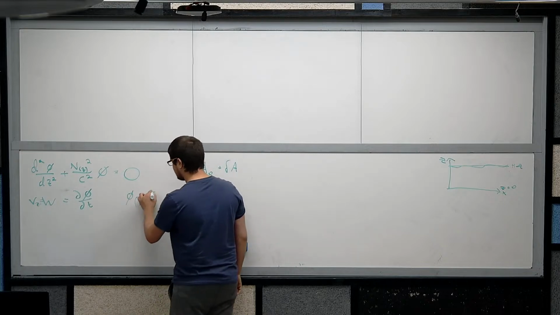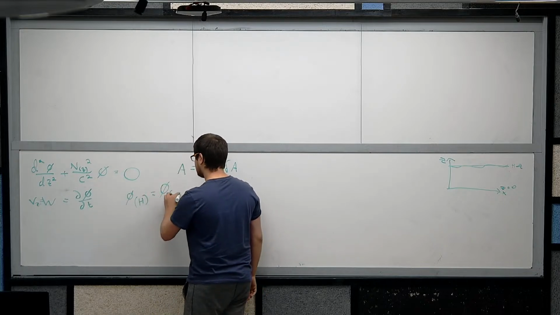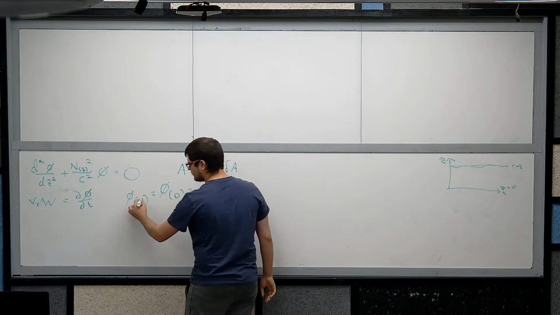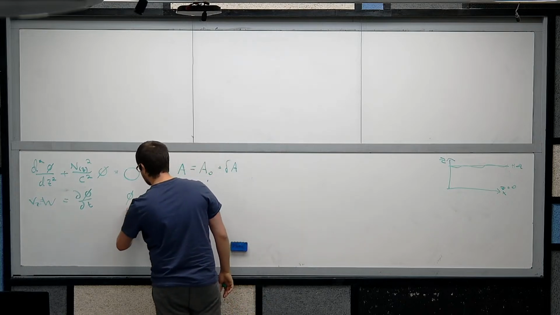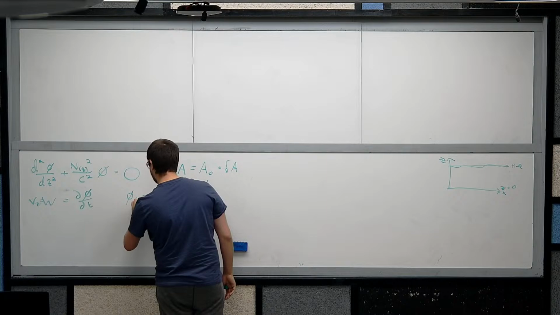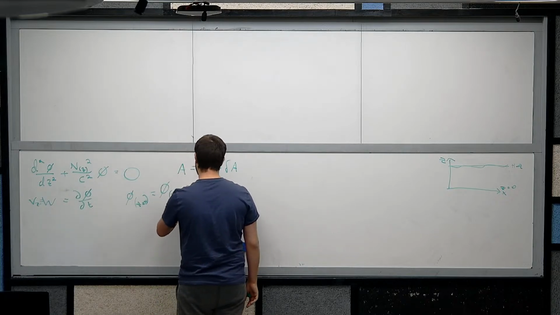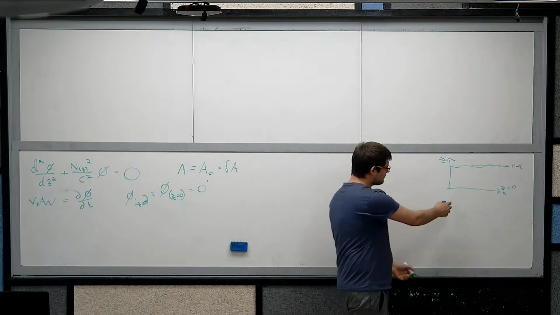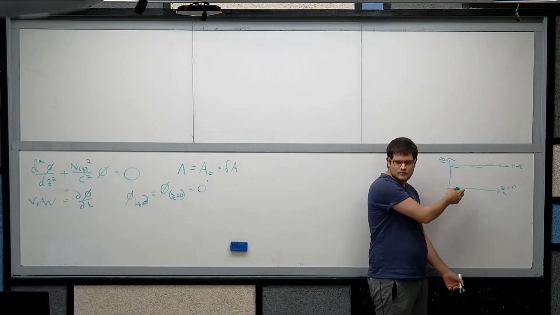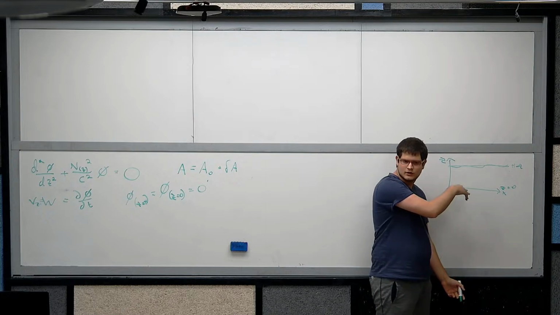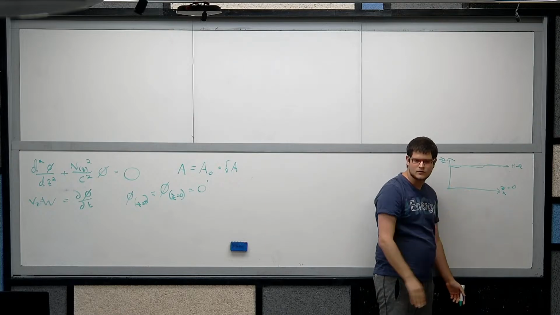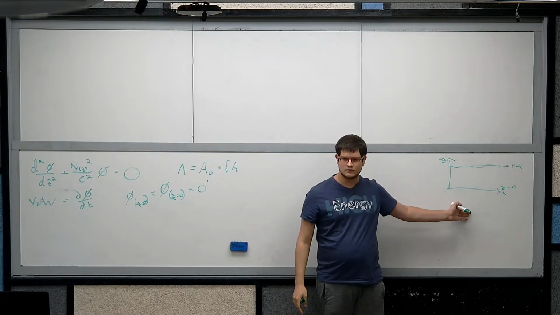At z equals H and at z equals 0. Yeah, let's write it: z equal H and z equal to 0. Here it makes sense because you are not expecting it to move a lot at the boundary because of boundary effects, right?